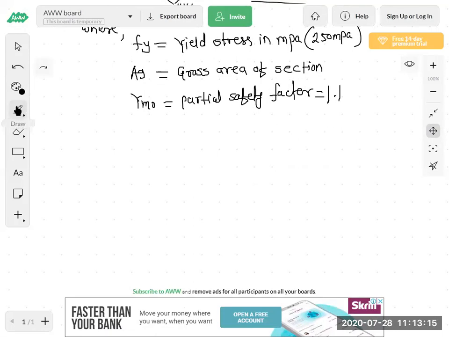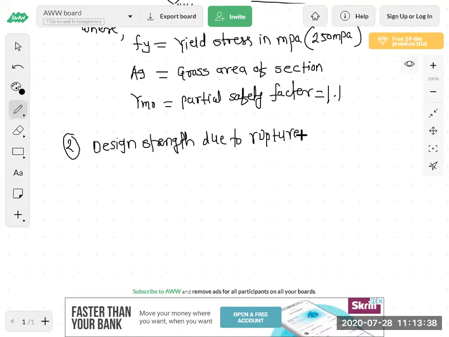Then the second is design strength due to rupture of critical section. Rupture of critical section.